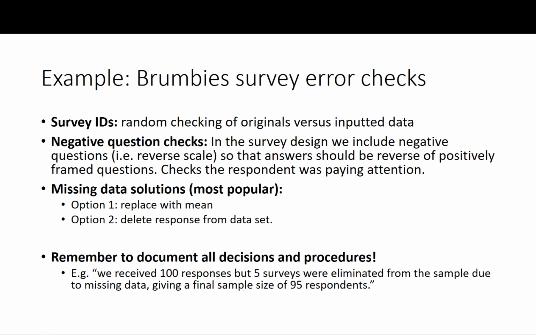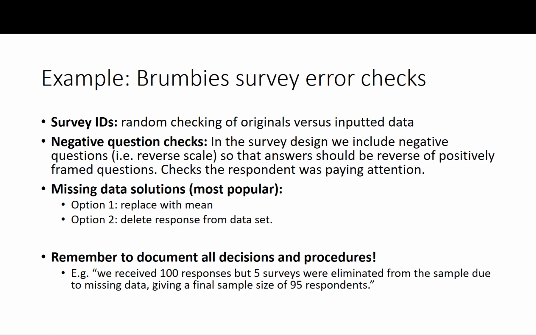These can be used to make sure that respondents were paying attention, because if they're giving all positive responses, 4 and 5, to the positively framed questions, then they should be giving responses in the 1s and 2s to the negatively framed questions.